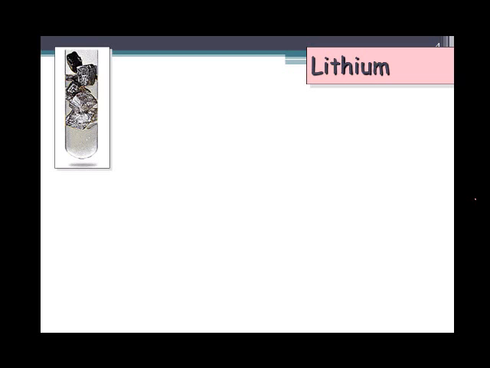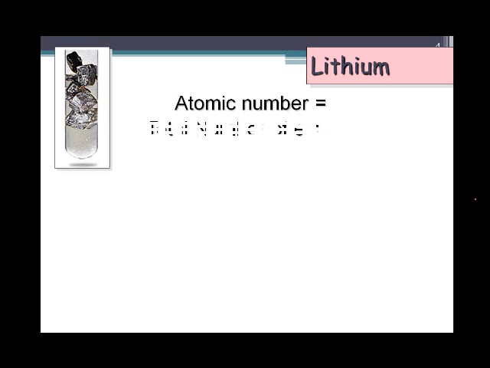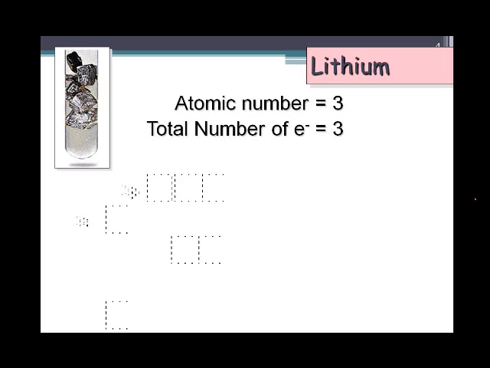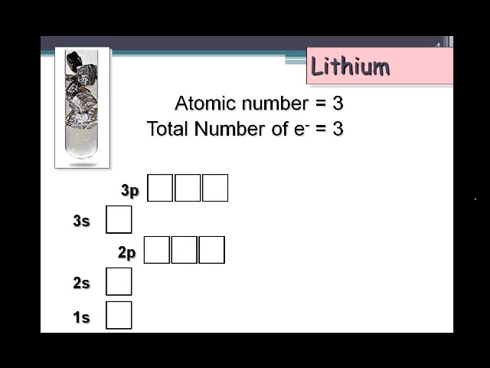Let's look at lithium. The atomic number of lithium is 3. This means that the total number of electrons in lithium is 3. When we look at our orbital diagram, we have 1, our energy level, 2, and 3. So this orbital diagram only shows 3 energy levels.